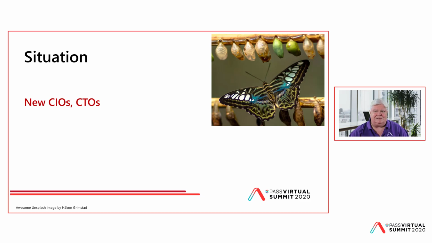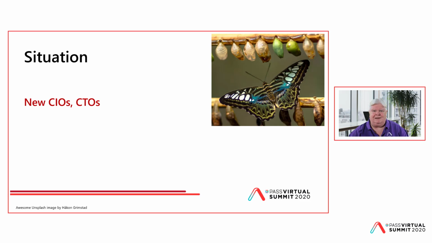One of the things I see all the time in large organizations at the moment is that they seem to be turning over their CIOs and CTOs. The people that have been there for many years looking after systems, and in many cases doing what they consider a pretty good job, mostly with on-premises systems, are retiring or moving on to other jobs, and it's often well before they had intended to.